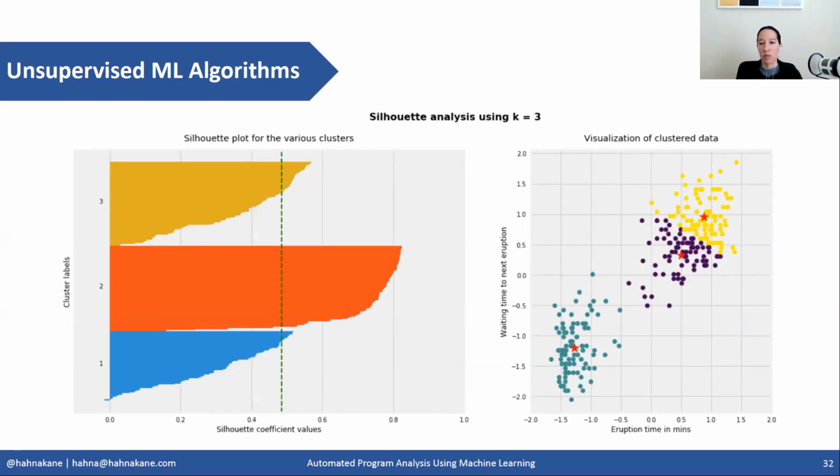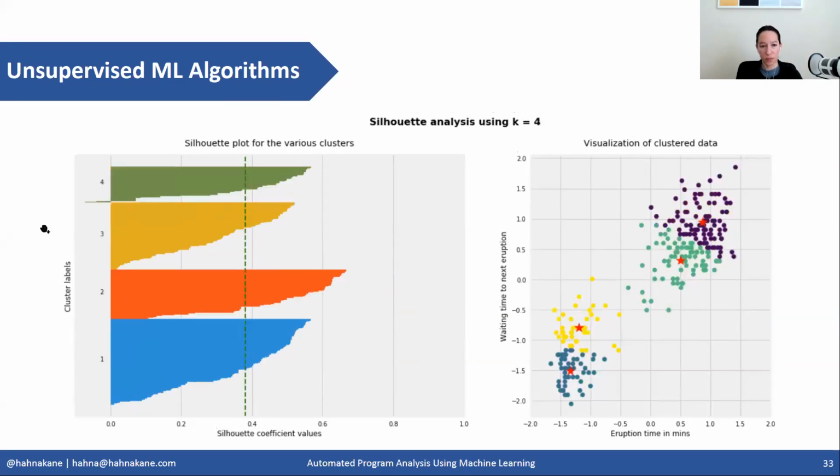If we look at k = 3, right? So we can see that our silhouette score starts to decrease, right? Now we went from like 0.75 to about 0.45, 0.5. And you can see that the thickness or distribution of our clusters have also changed. K = 4 is even worse, right?